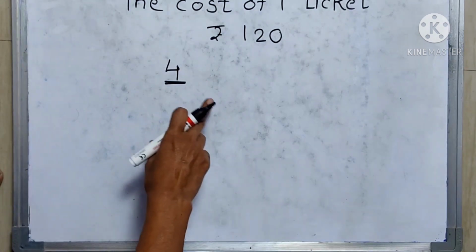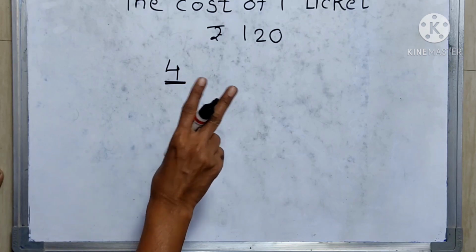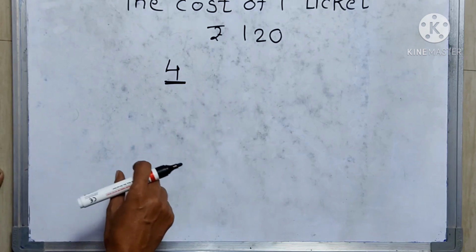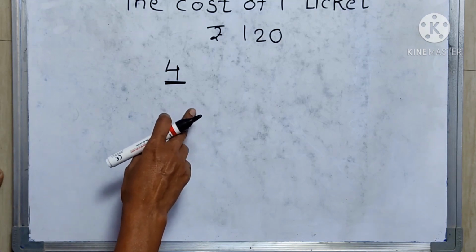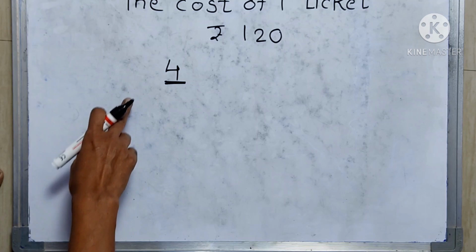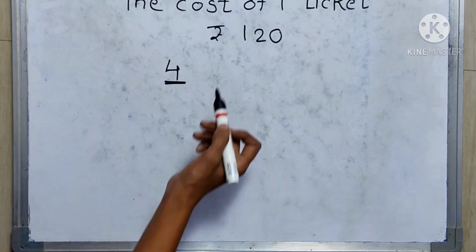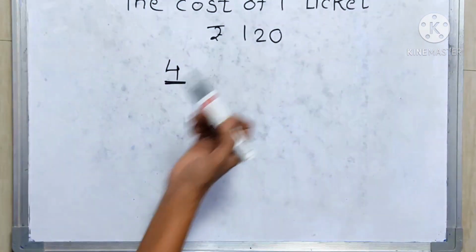Children, for solving this, we can use two methods. First one is repeated addition and the second one is multiplication. So first we will see the repeated addition. The cost of one ticket is 120.